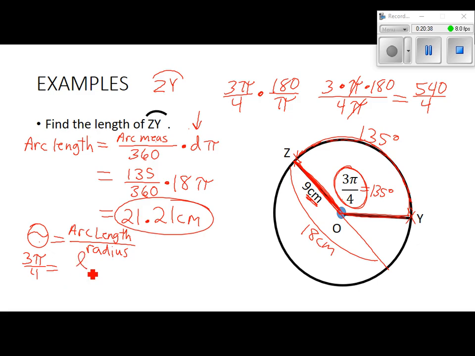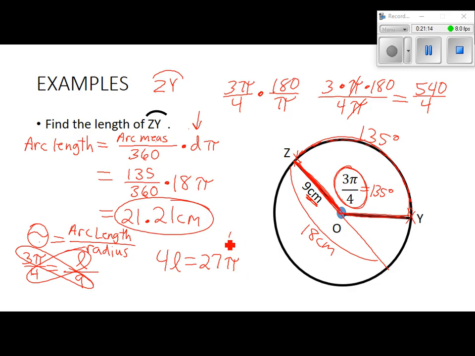We don't know what the arc length is, so I'm just going to use L for our variable. And the radius is 9. We cross multiply. Since we have a proportion here, we can just cross multiply to solve this. 4 times L is 4L. We cross multiply this way. 9 times 3 pi, you just multiply the 9 and the 3, and you get 27 pi.